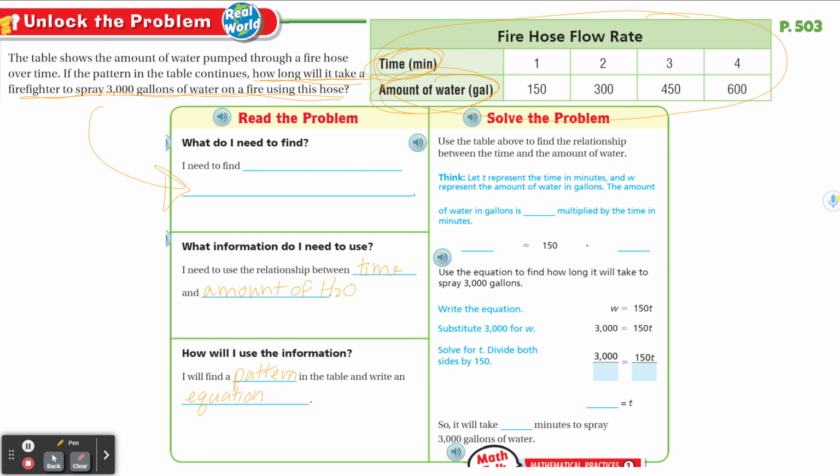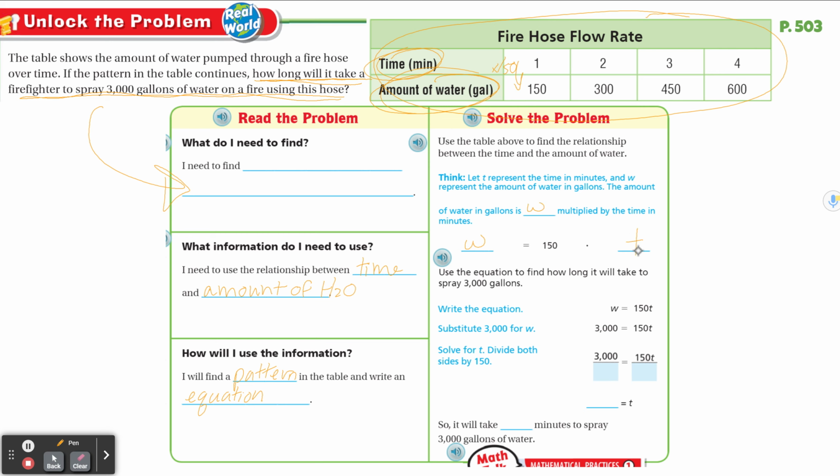All right, let's move over to the solve the problem part. So we're going to use the table above to find the relationship between the time and the water. To go from the time to the water, right? It's times 150. So for every minute, we're getting 150 gallons. So our equation could be the amount of water, we could say W, equals the amount of water times the number of minutes.